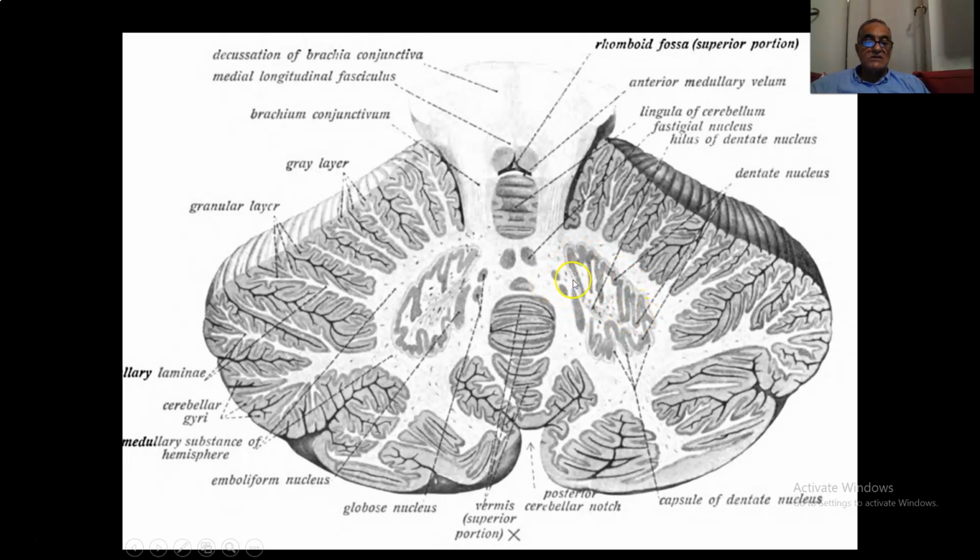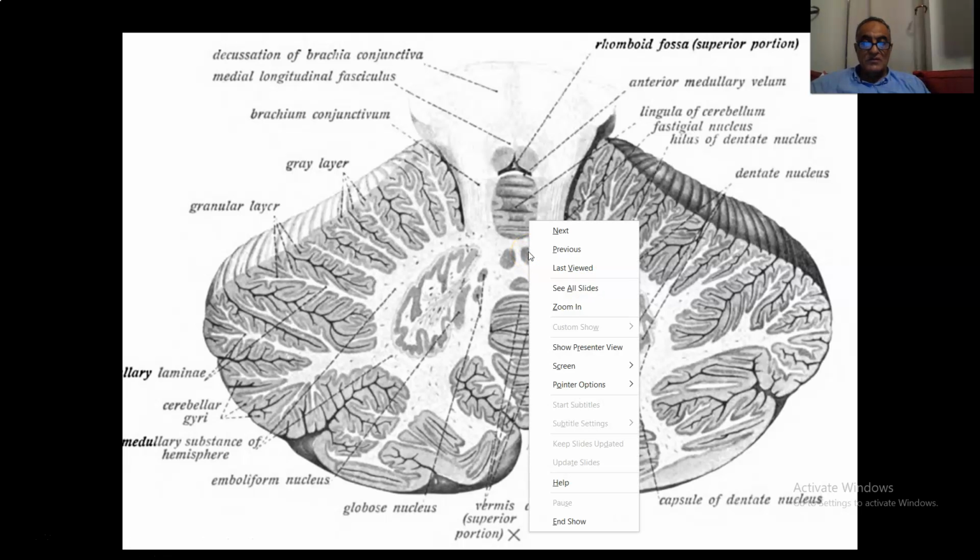Medial to the dentate nucleus, there are two small nuclei, which are the emboliform and the globose. They call it the nucleus intermedius. We can call it one nucleus, so the dentate nucleus, nucleus intermedius, and the fastigial nucleus.